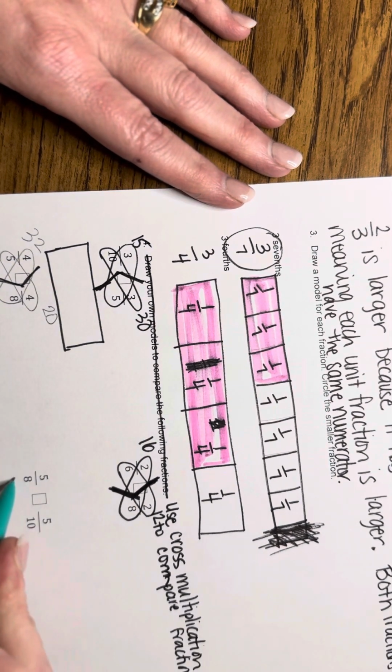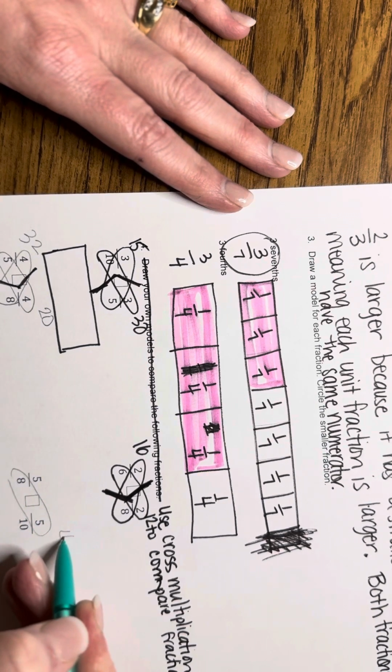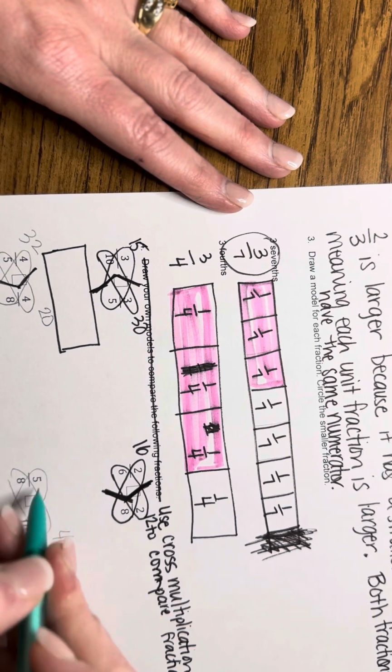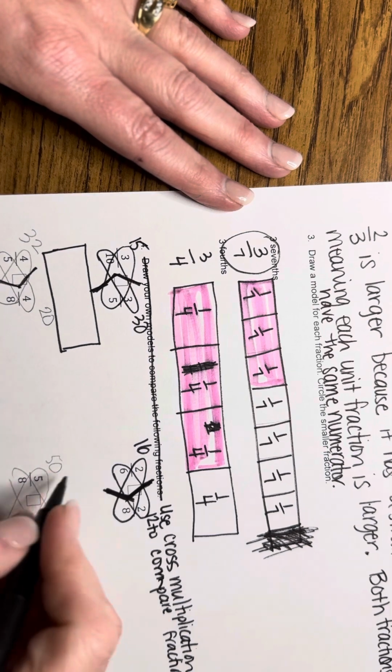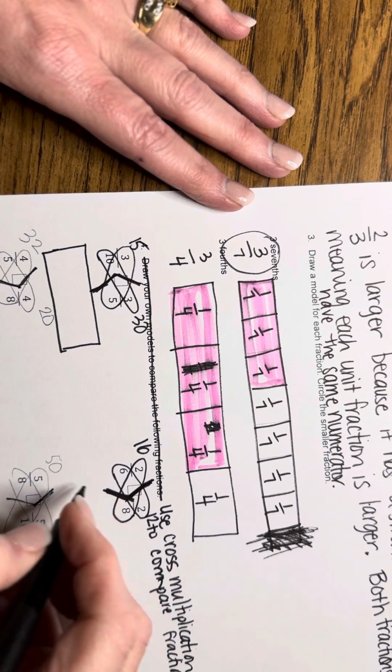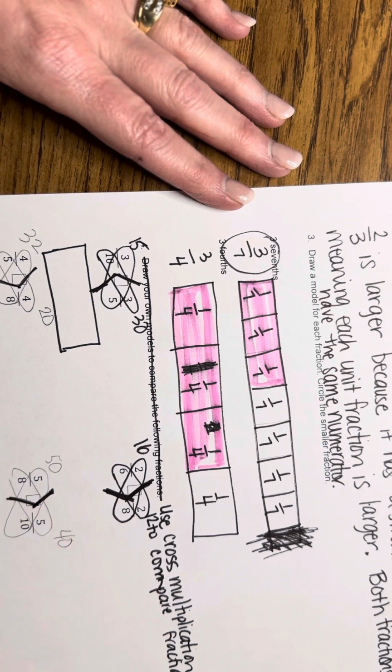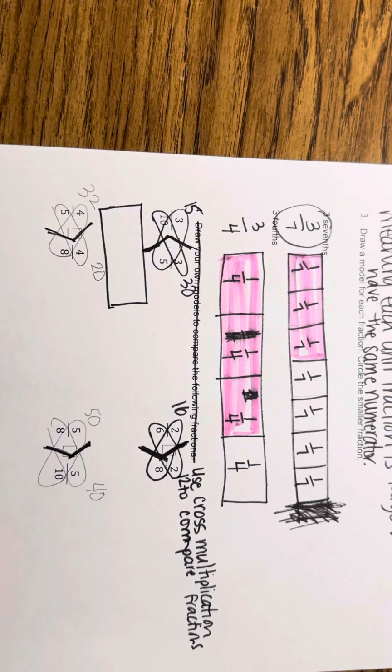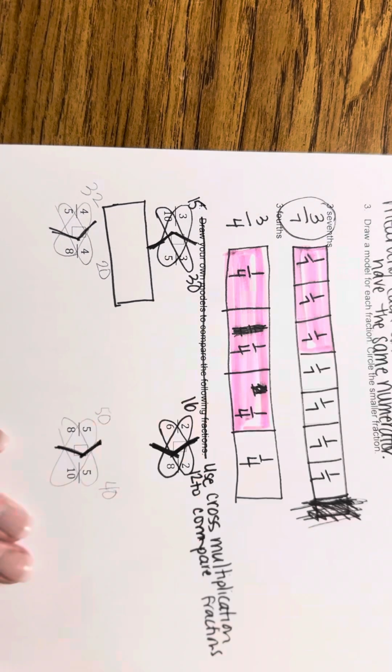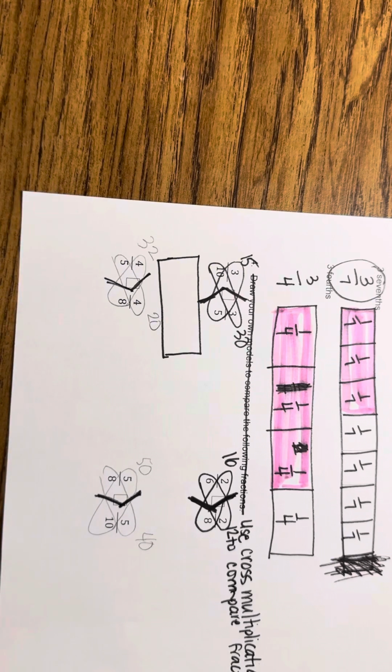Okay. 8 times 5 is 40. 10 times 5 is 50. 50 is bigger. I think my pen's about to be gone. Okay, I think this is just this one side. All right.